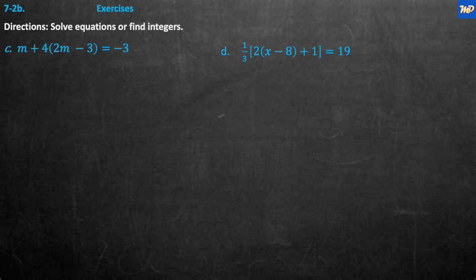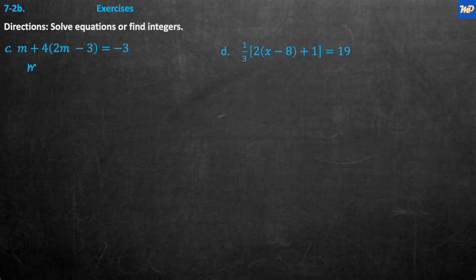Now a few more. We're going to solve the equations or find the integer. This time we're solving an equation. This is a distributive property multi-step equation like we've had already. We're going to rewrite it, and I'm going to take out the multiplication right away.